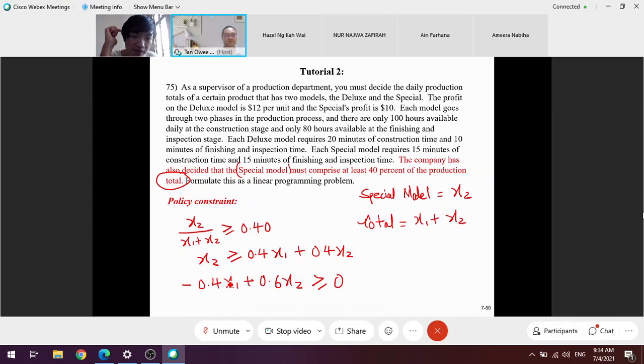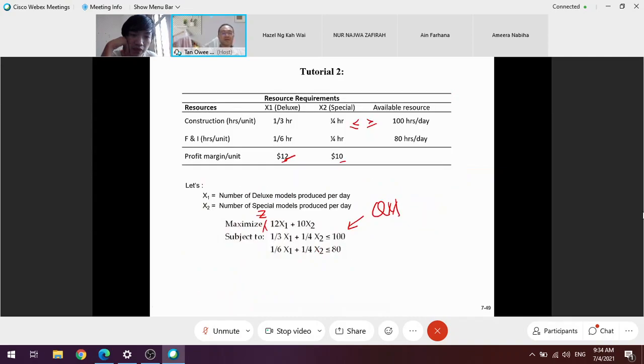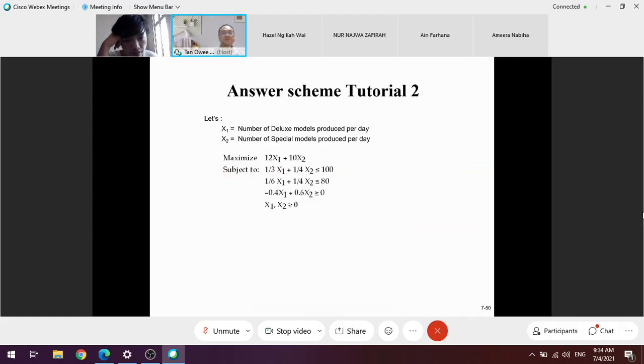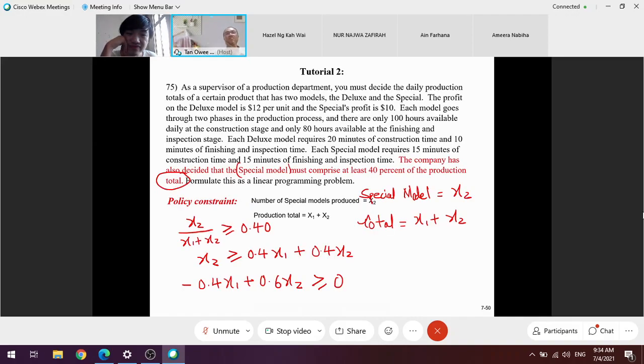I have changed this policy into the format, the same format as the other constraints. Okay, someone take a snapshot of this and then share with everyone, because my slide didn't show how to calculate.